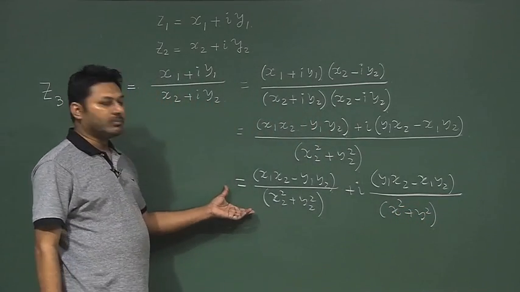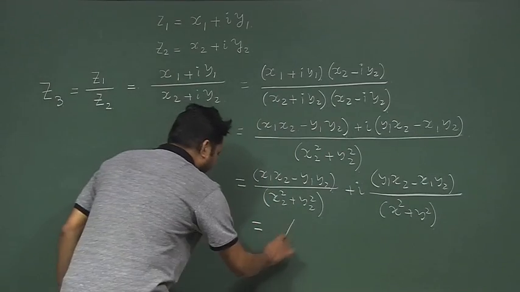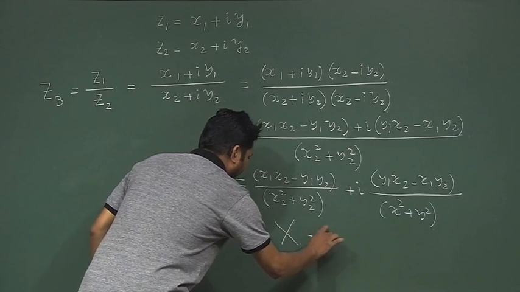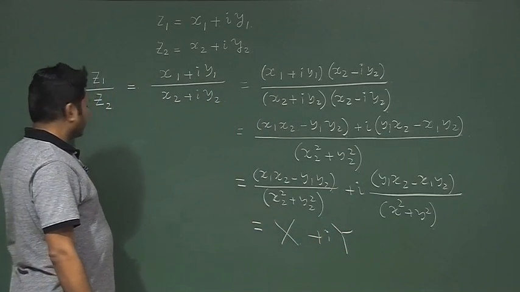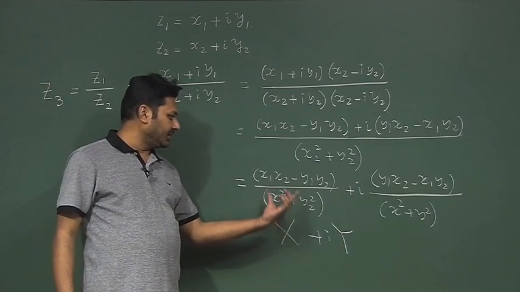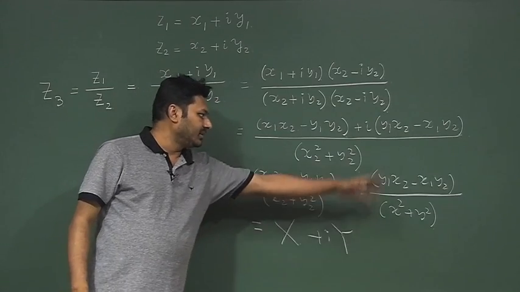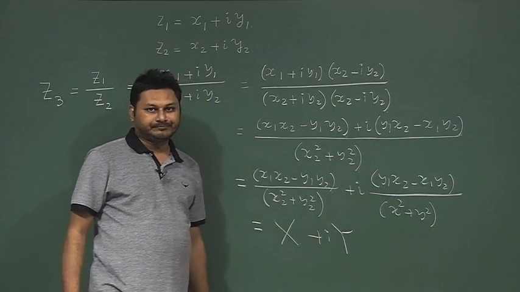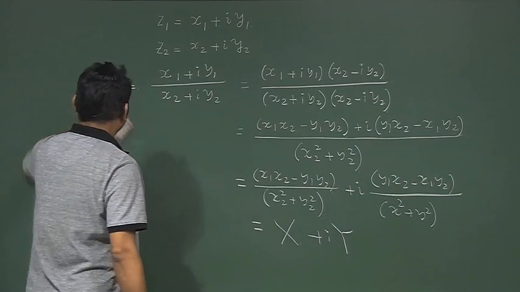This is the general form, and I can write it as big X plus i big Y, where X and Y are real numbers, X being related to x1, x2, y1, y2 with this relation, and Y with that relation.